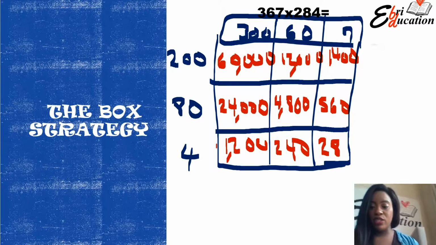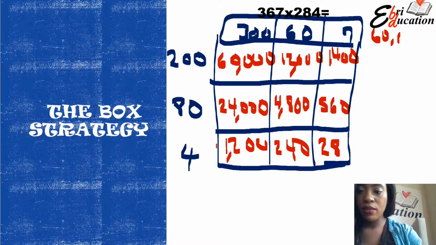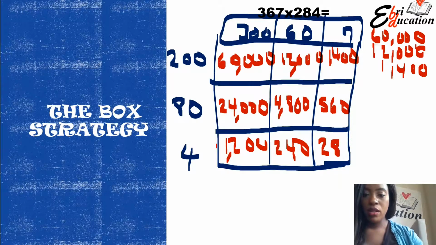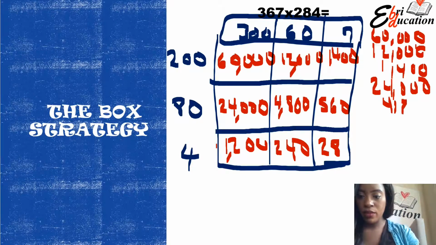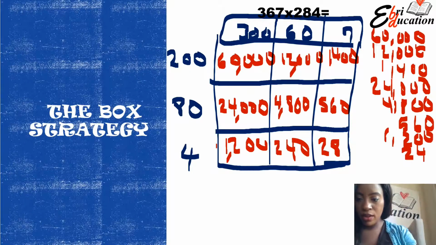Now the next step is to add all of these numbers together. We're going to add 60,000 plus 12,000 plus 1,400 plus 24,000 plus 4,800 plus 560 plus 1,200 plus 240 plus 28.